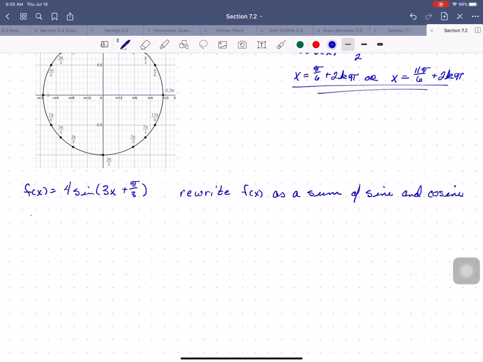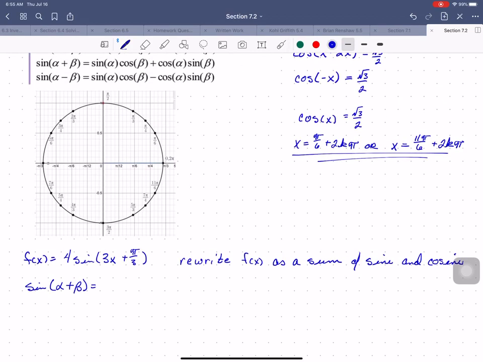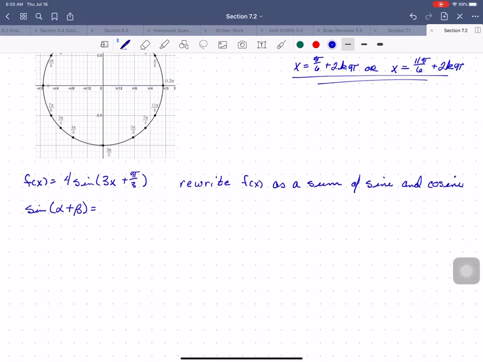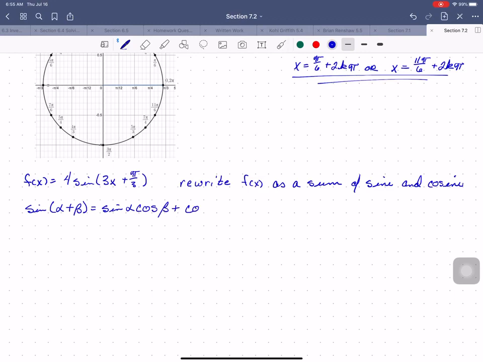So let's just write this down here. Sine alpha plus beta is sine times cosine plus cosine times sine. So that's sine alpha times cosine beta plus cosine alpha times sine beta.